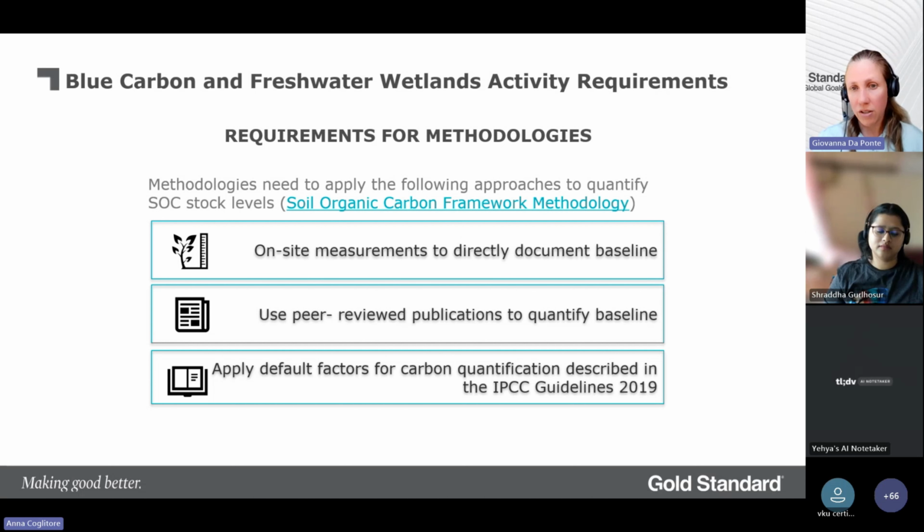Another approach, very strongly recommended, is the use of peer-reviewed publications for the quantification. And last but not least, the framework also allows the application of default factors for carbon quantification described in the IPCC guidelines 2019.